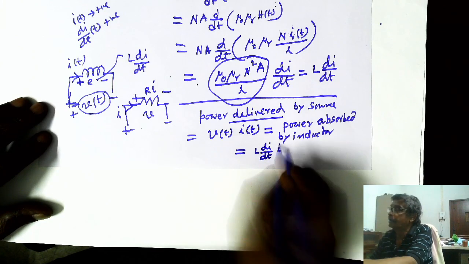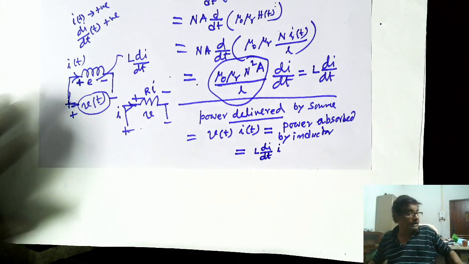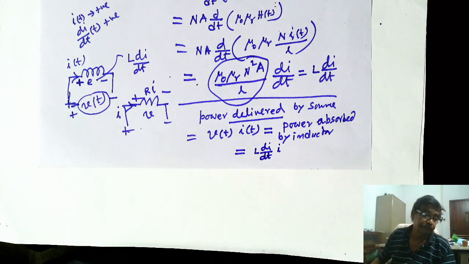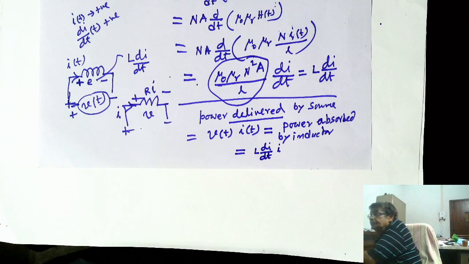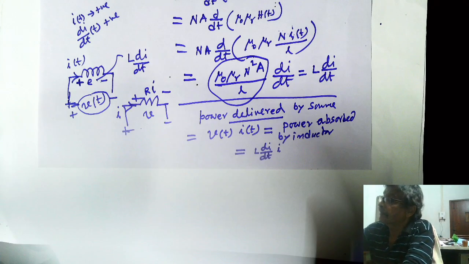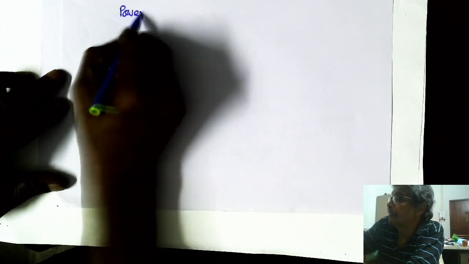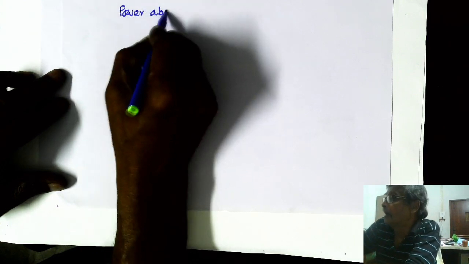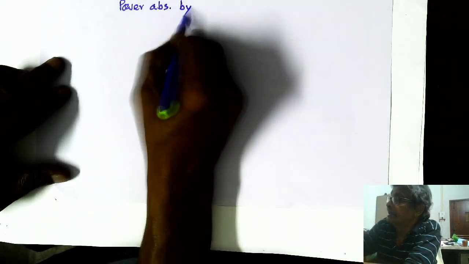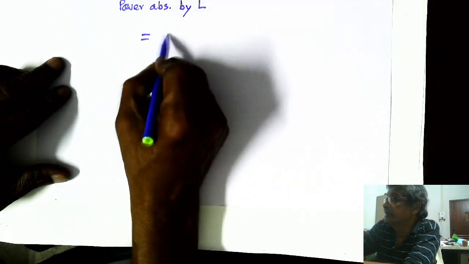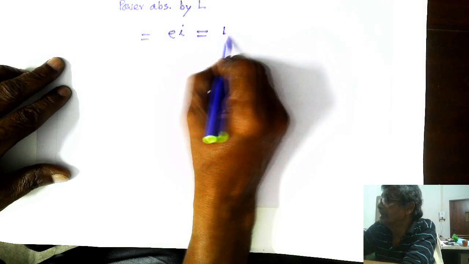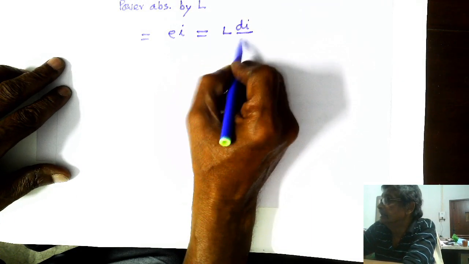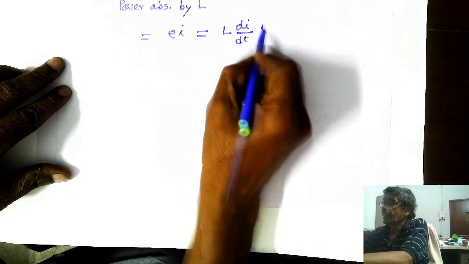This will be the power absorbed by the inductor. Then you see, the power absorbed by L is E into i, and that is equal to L di/dt into i. Isn't it?